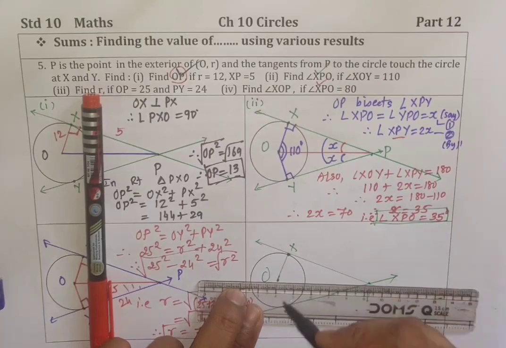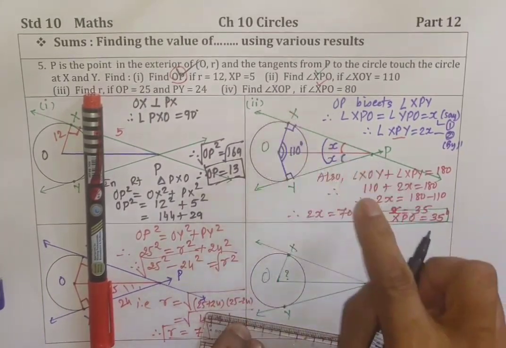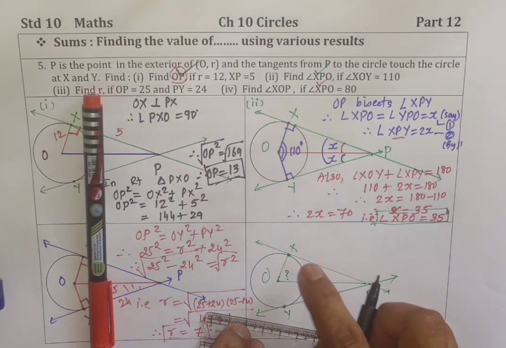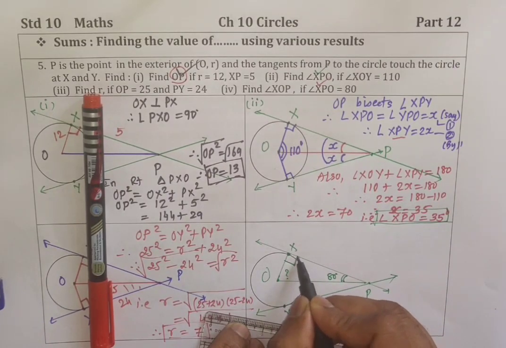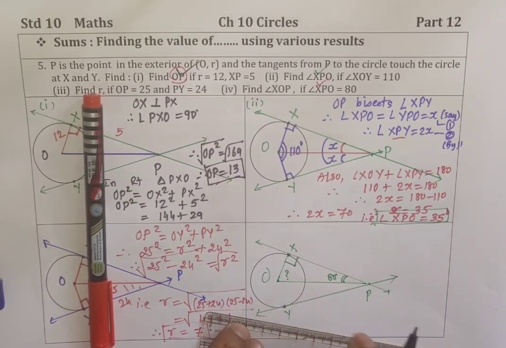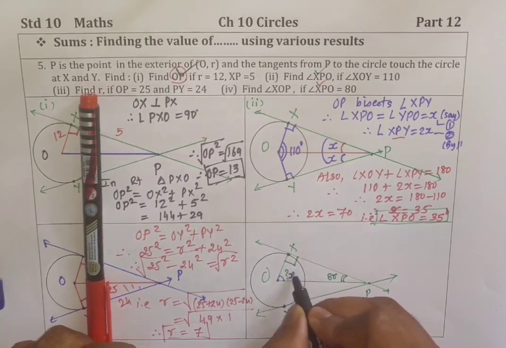XOP. This is what you are supposed to find. Find XOP. If XPO, this one, is 80. Children, this is perpendicular. This is 80. Let me call this angle measuring X.